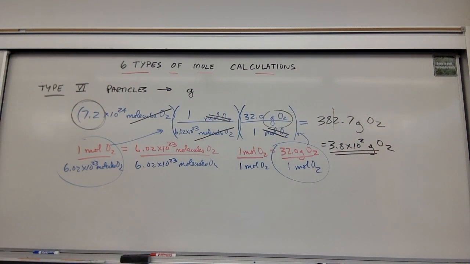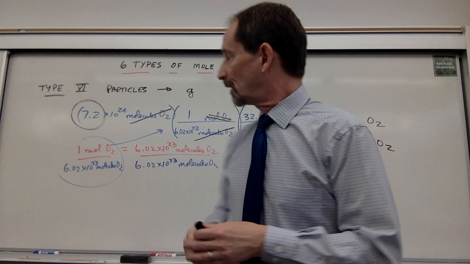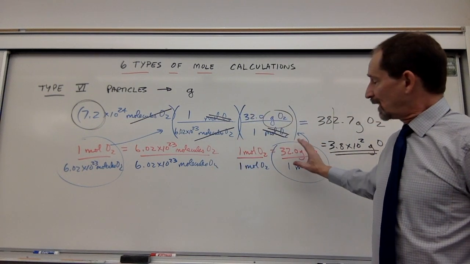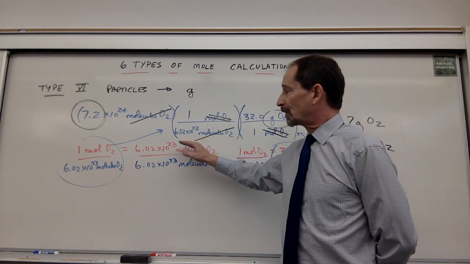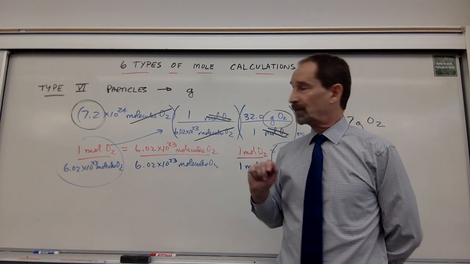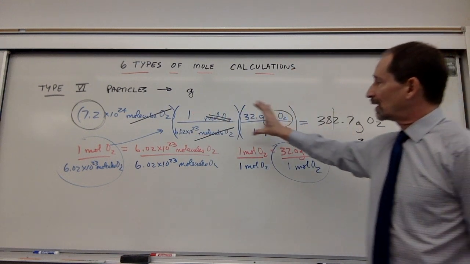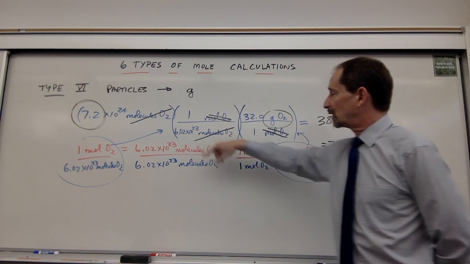That's type 6. I want you to notice in all 6 types, all we did, we used the masses off the periodic table and divided by 1 mole. We used Avogadro's number and divided by 1 mole. Even in type 6, where it looks very complicated, it was simply moles to molecules, 1 in Avogadro's number.